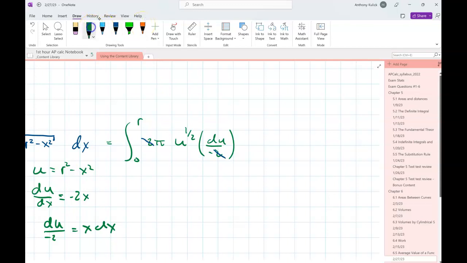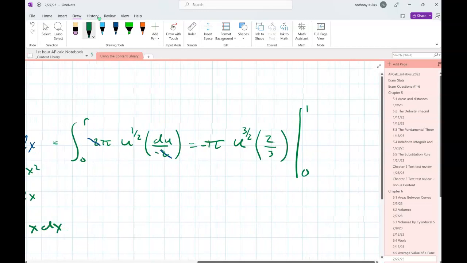So let's do our antiderivative now. So the pi just is going to kind of get sucked out front, right? The antiderivative of u to the 1/2 is u to the 3 over 2 times 2 over 3. And then again, we're evaluating from 0 to r.